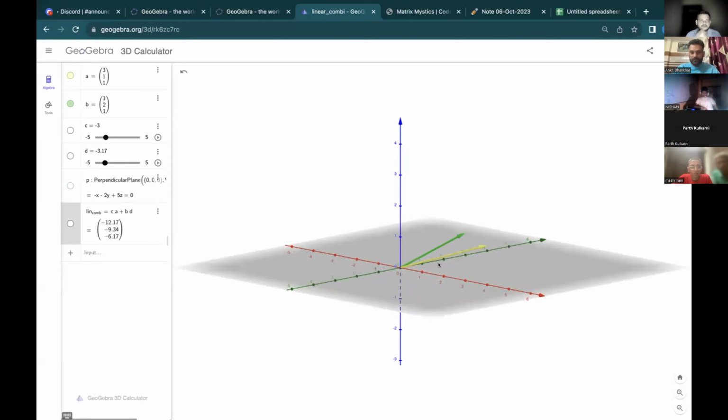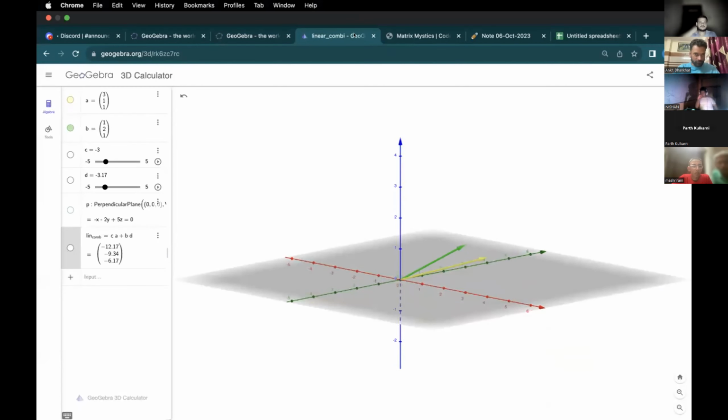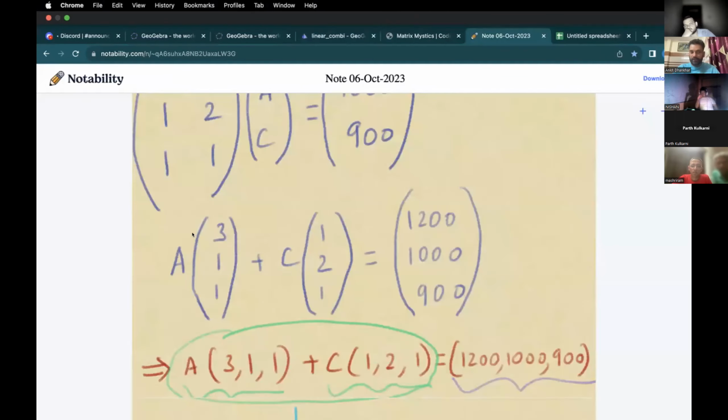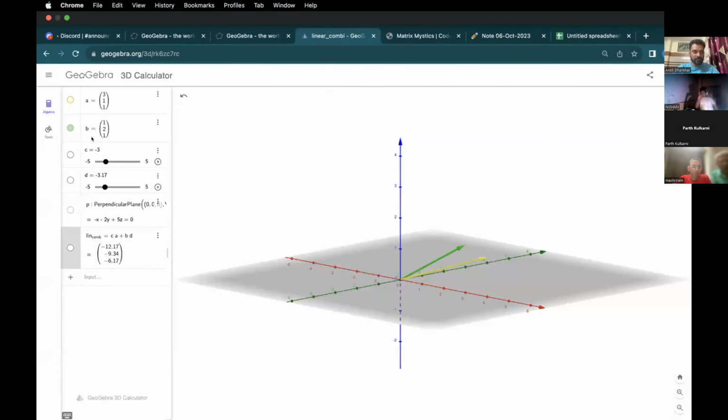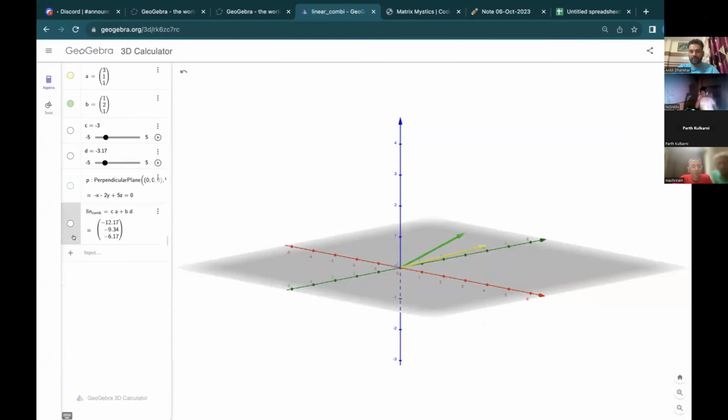Now you can see that we have these two vectors as a linear combination of A times 311 and C times 121. Similarly, I just defined two variables, C and D. And if I take their linear combination, this thing, that is the rod, you see where we can go from this thing.